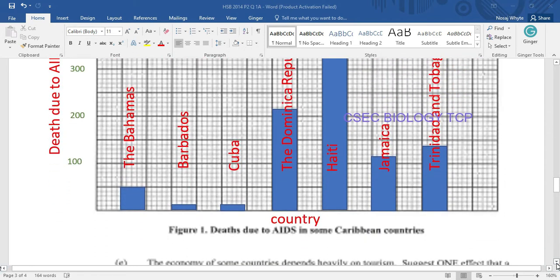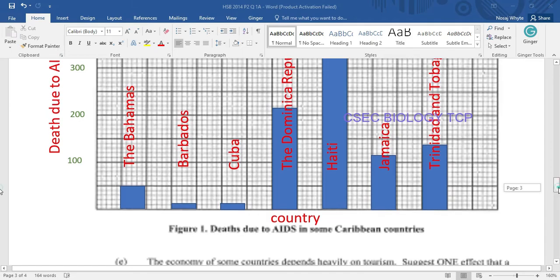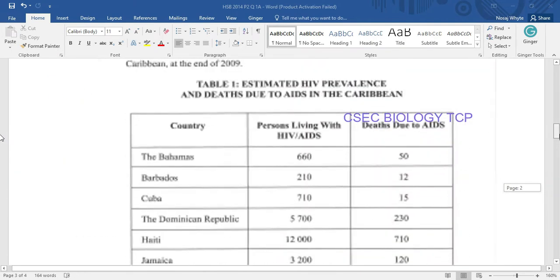To construct any graph, it is very important that you understand what you put where on the graph. The line at the bottom here represents the x-axis, but the axis must be named. The information placed on the x-axis is usually the information that represents the independent variable.